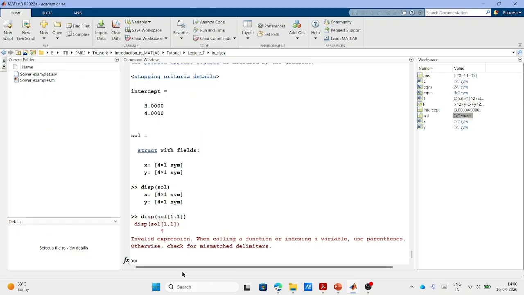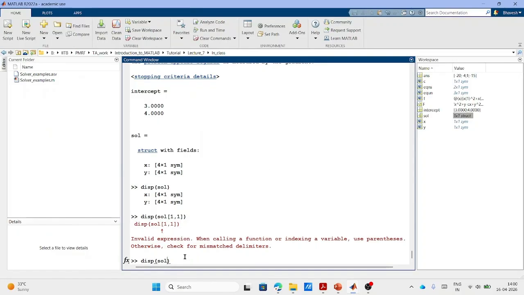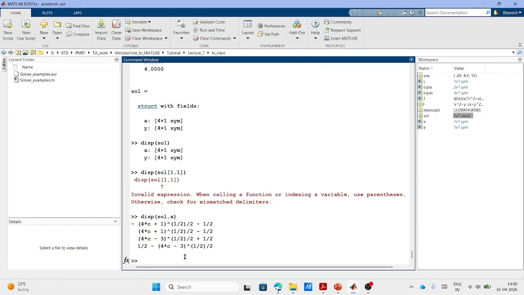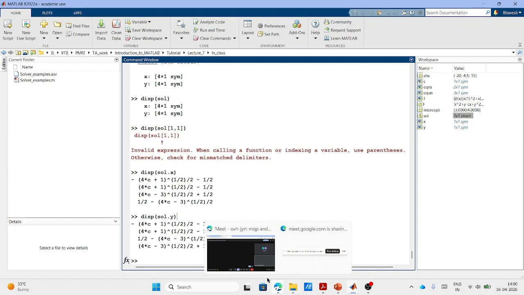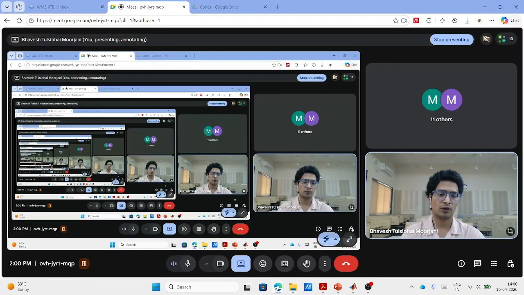Since it has two components and it's a symbolic solution, this is your equation of x and y in terms of the coefficient c. If your x is following this equation, your y will follow this equation. In the same way you can get the symbolic solution, and you can put in the values of different constants c and get the answer.